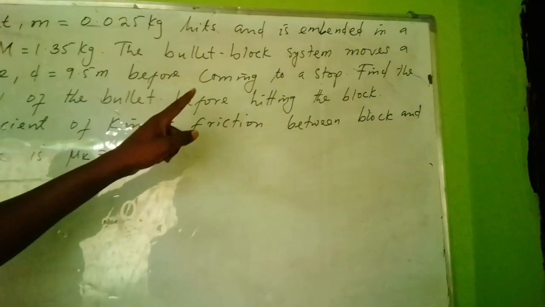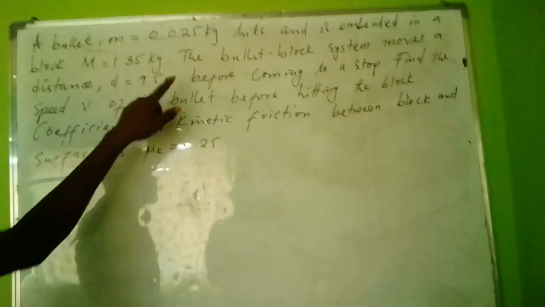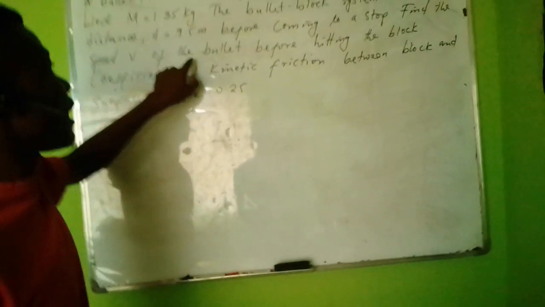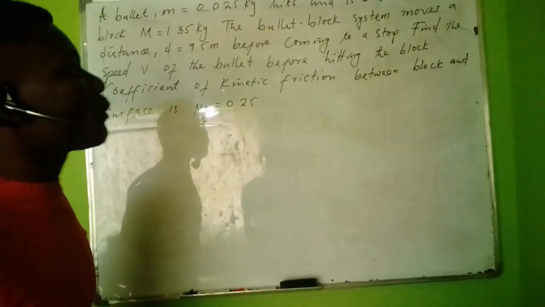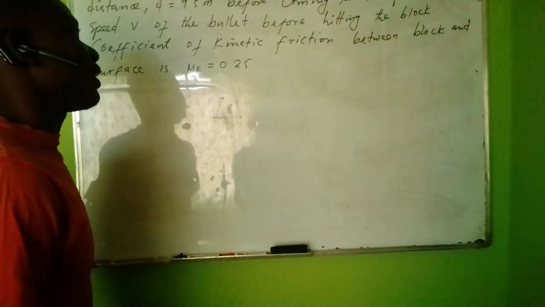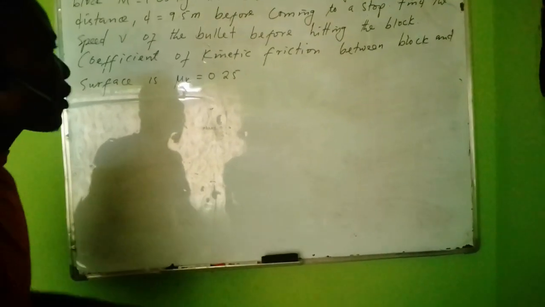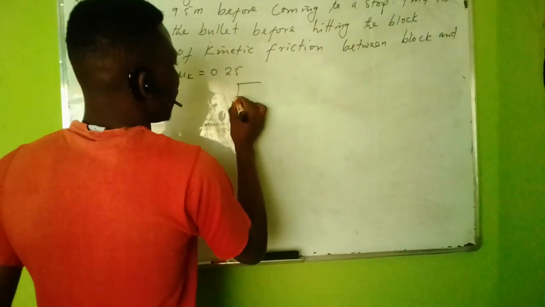The bullet block system moves a distance of 9.5 meters before coming to a stop. Find the speed v of the bullet before hitting the block. Coefficient of kinetic friction between block and the surface is 0.25.